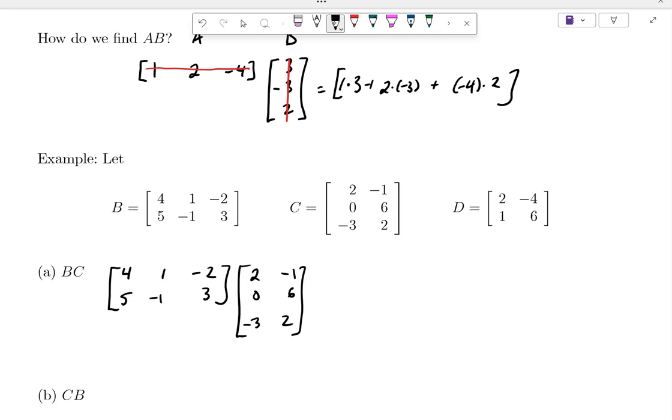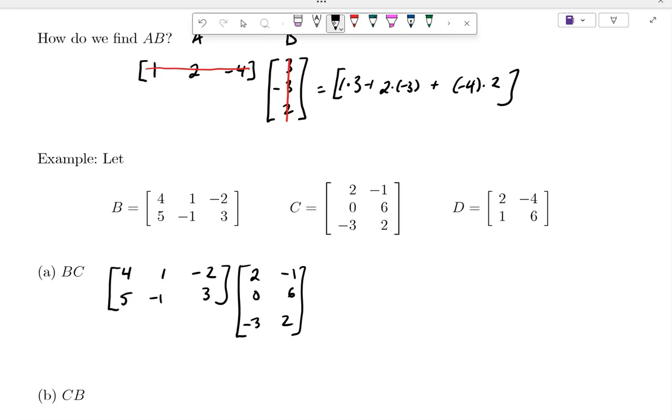How many columns does B have? 3, right? And then the number of rows in C is 3. So it has the right size. What size is the answer going to be? It'll be a 2 by 2, right? B has 2 rows, C has 2 columns. So the answer will be a 2 by 2.